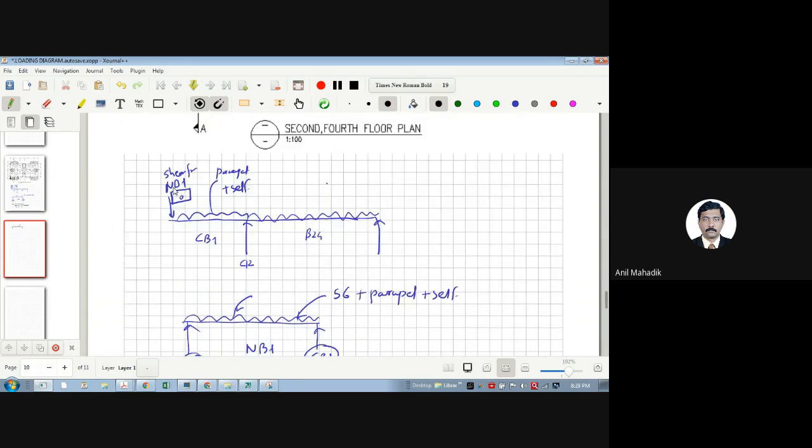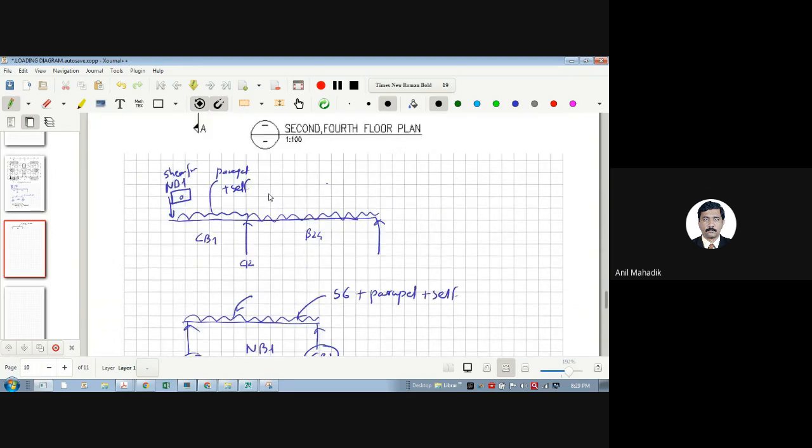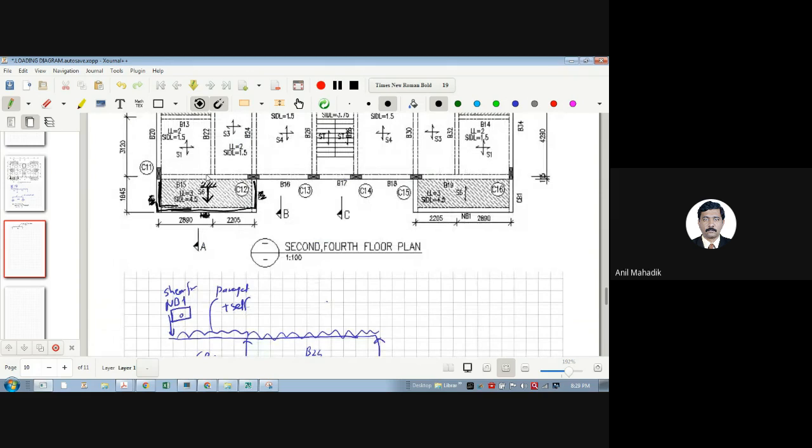So the load on B15 will be 1.845 into 13, full load, which will come to something like 25 kilonewton per meter. So this will be the transfer of load from S6 to B15. Yes, getting?